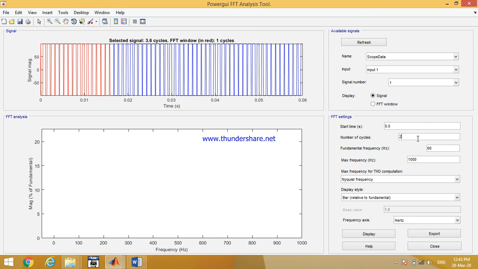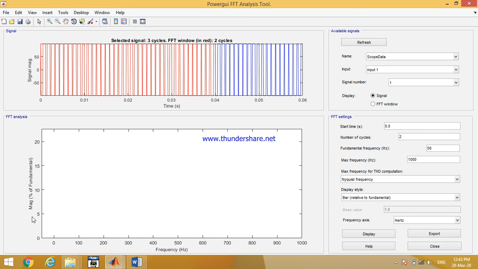That means, for example, we are measuring for 2 cycles and our fundamental frequency is 50 Hertz, right? And this is the maximum frequency. Students, what is the meaning of the FFT analysis, fast Fourier transform, and the total harmonic distortion we are measuring through this graph?